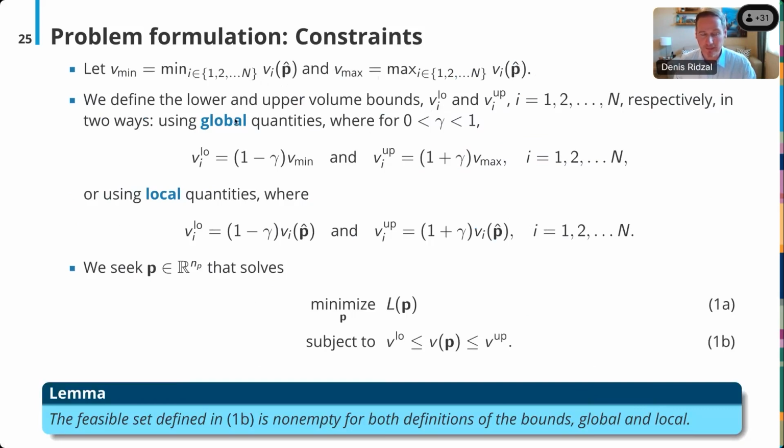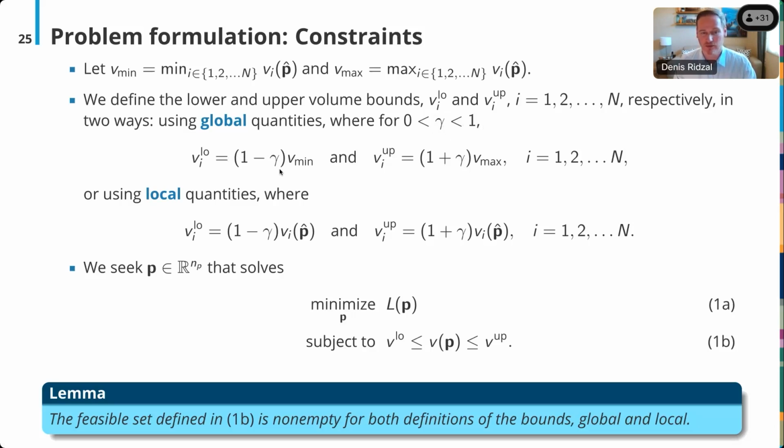We will define the lower and upper volume bounds in two ways. The first uses global quantities, where we take these mins and maxes and multiply them by a factor, 1 minus gamma or 1 plus gamma, where gamma is between 0 and 1.